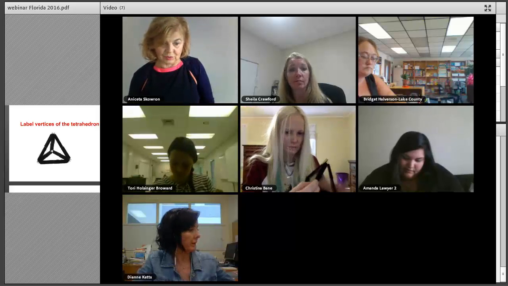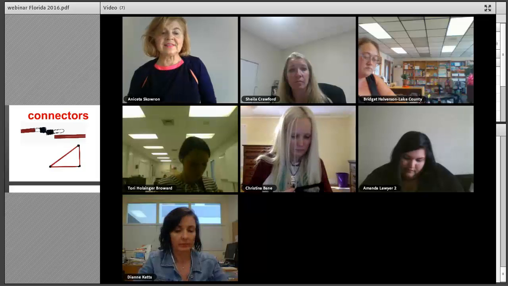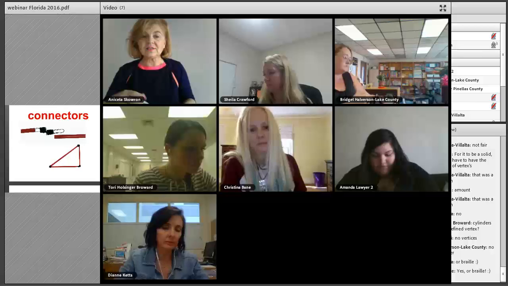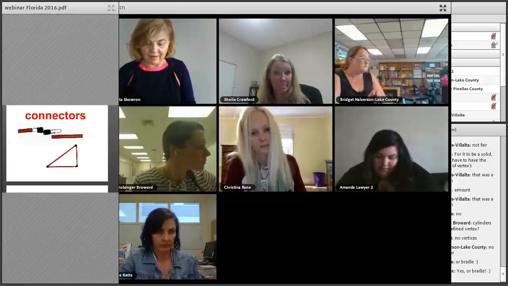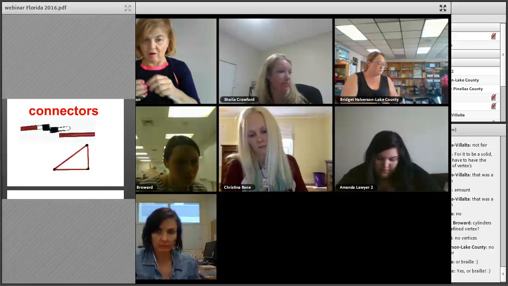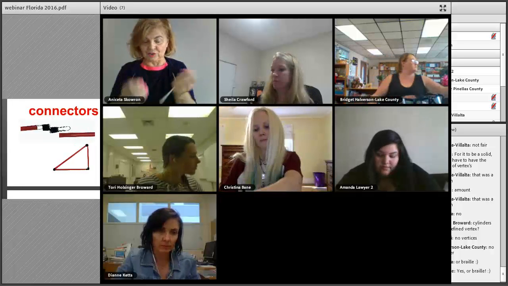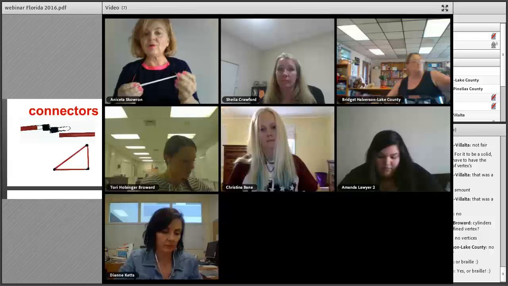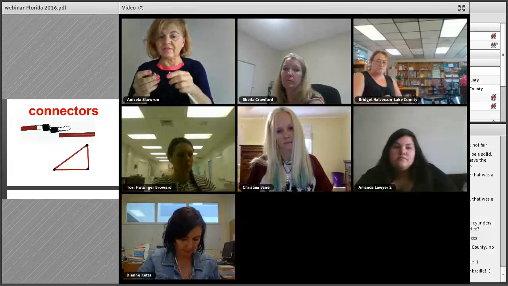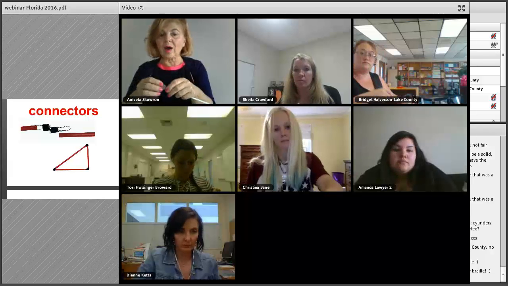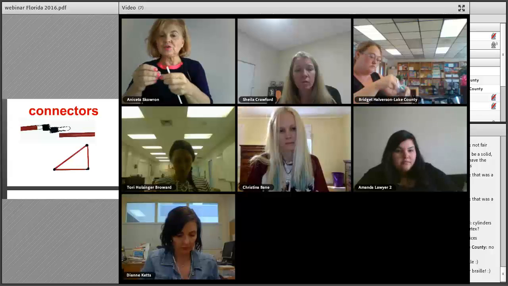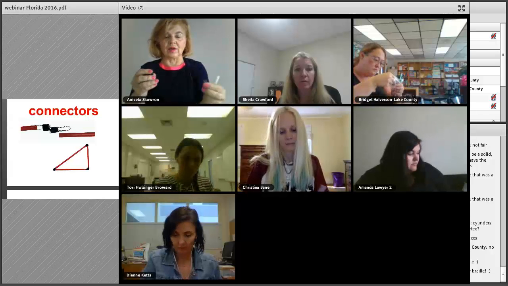Next thing I'm going to show you is how to make connectors. Okay, so here it's also in your little pouch. You have some paper clips that have Velcro attached to them, and you have some straws. So take out a straw and two Velcro pieces, one hook, one loop, for the paper clip. You can see what I did here.